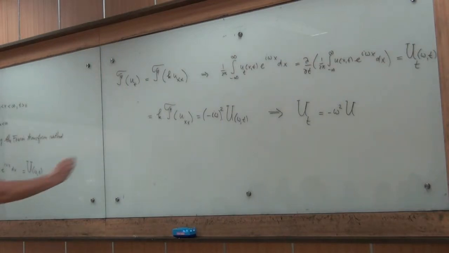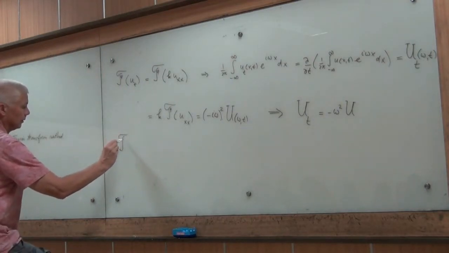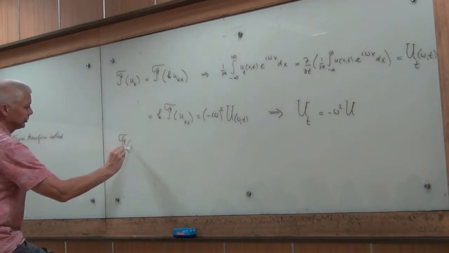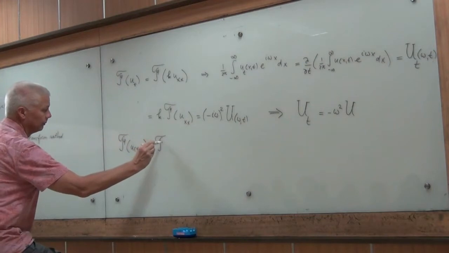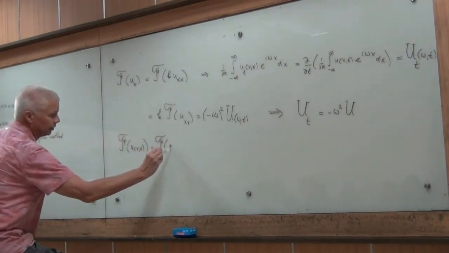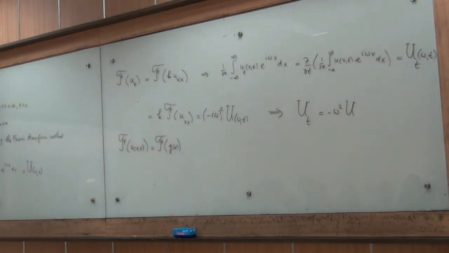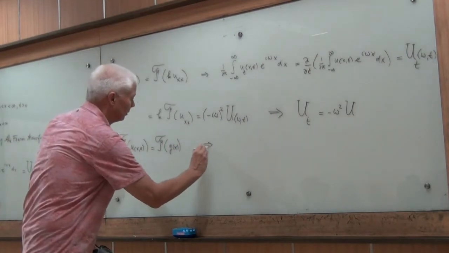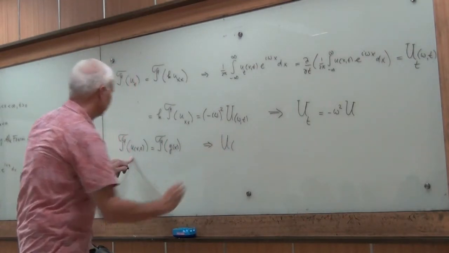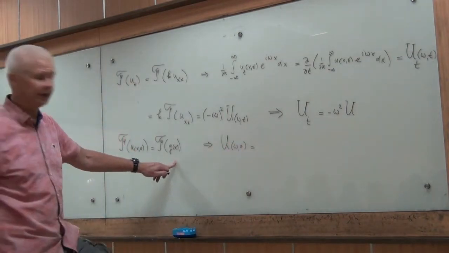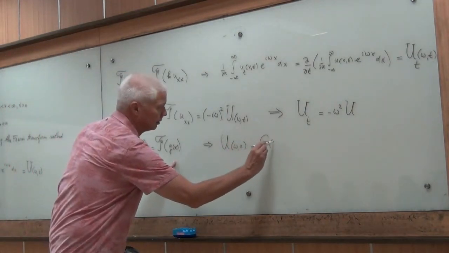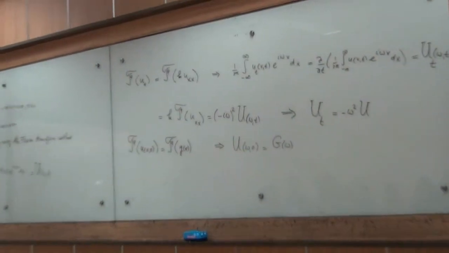But before doing that, I also will Fourier transform my initial condition, which is u(x,0), which should be equal to the Fourier transform of, in this case, g(x). That implies, I take the Fourier transform of this, so that gives me big U(omega,0), and the Fourier transform of g(x) is just big G(omega).